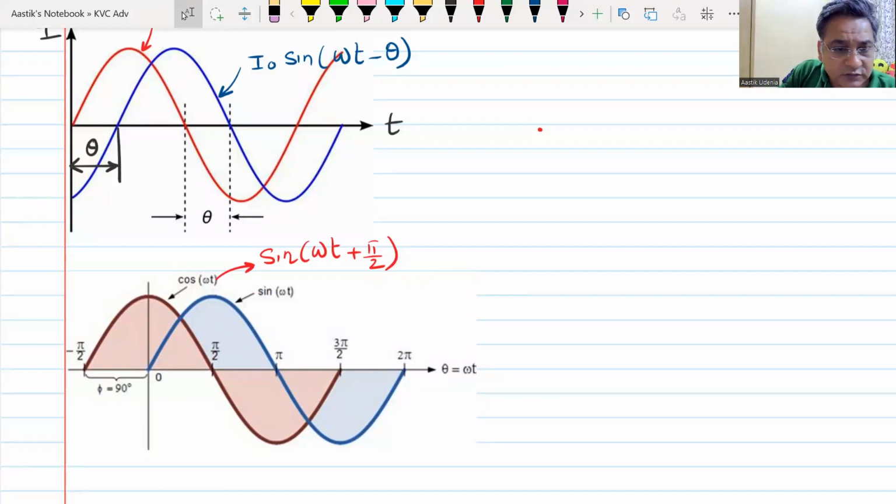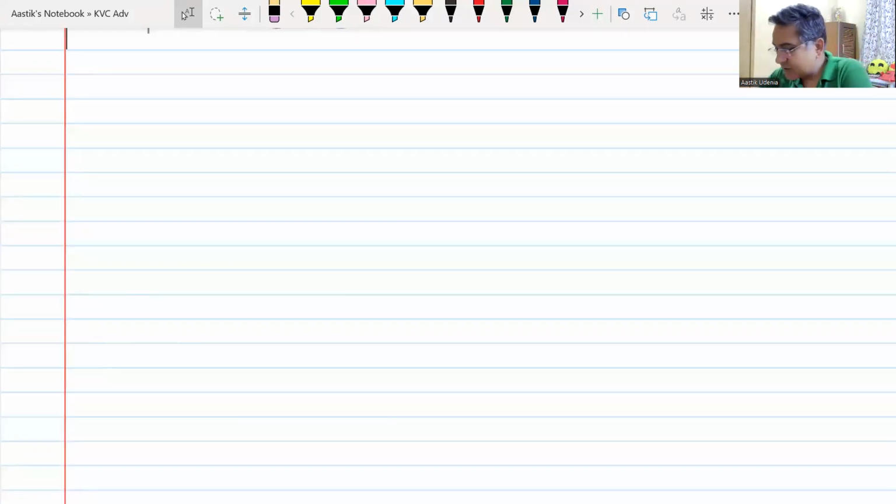Now let us try and understand the meaning of the terms that are going to come in this chapter, which is same as the chapter on SHM, or which is same as the chapter on waves.